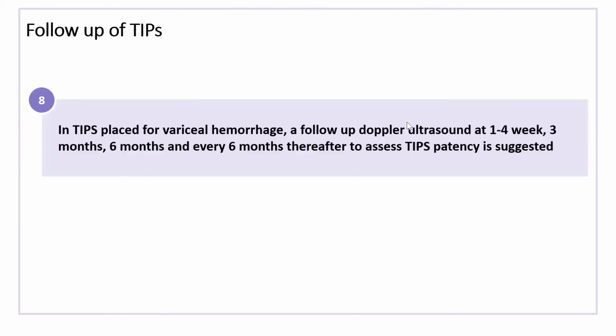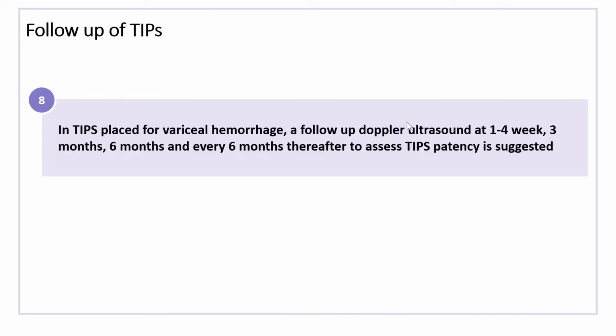Now, follow-up of TIPS. TIPS dysfunction is defined as the loss of this portosystemic pressure gradient, less than 12 millimeters of mercury, that was created. There's loss of that, and there's rise in portosystemic pressure gradient. And that can happen because of stenosis and thrombosis. And the incidence of that is actually low.